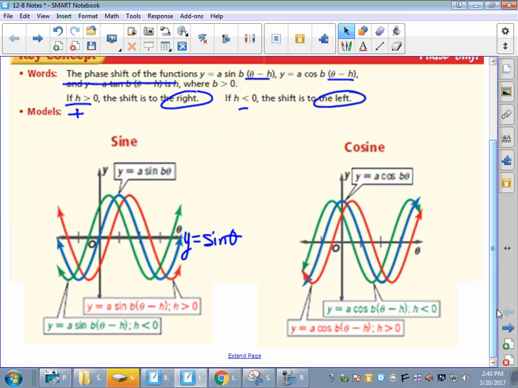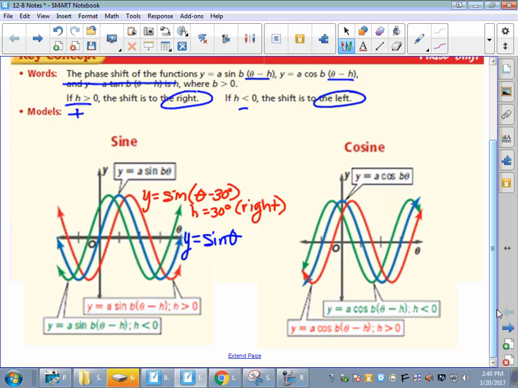If you look at the red graph, in comparison to the blue parent function, it moves to the right. It looks like it's shifted to the right. And so let's give the red graph the equation y is equal to sine, parentheses, theta minus 30 degrees. In that case, the h value is a positive 30 degrees, and so we're going to shift to the right. So if you want to write that down and then highlight it in the same color that you highlight the red graph, it'll help keep things straight.